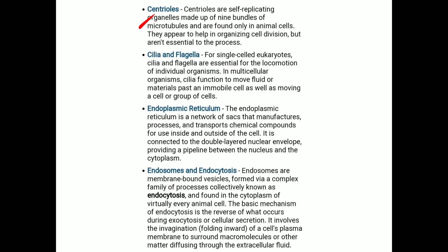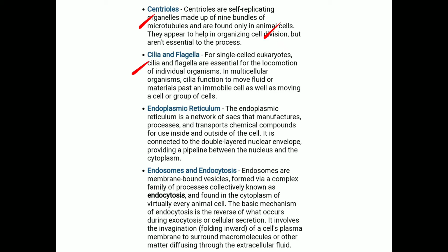They appear to help in organizing cell division but are not essential to the process. The centrioles we have to see in animal cells only, but at the time of cell division we have to observe them in the plant cell also, but these are specialized structures of the animal cell. What is the role of the centrioles? The centrioles are involved in cell division.